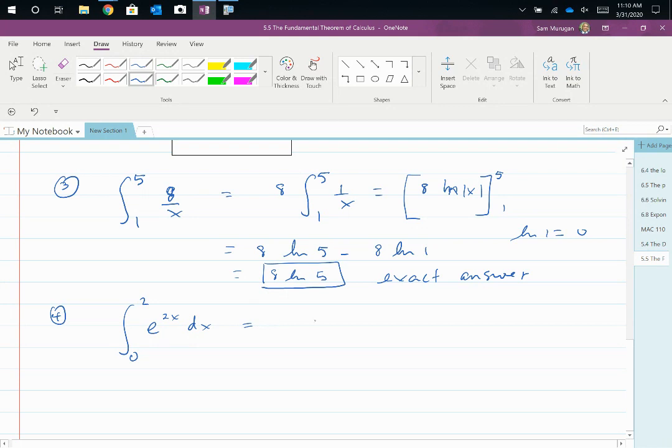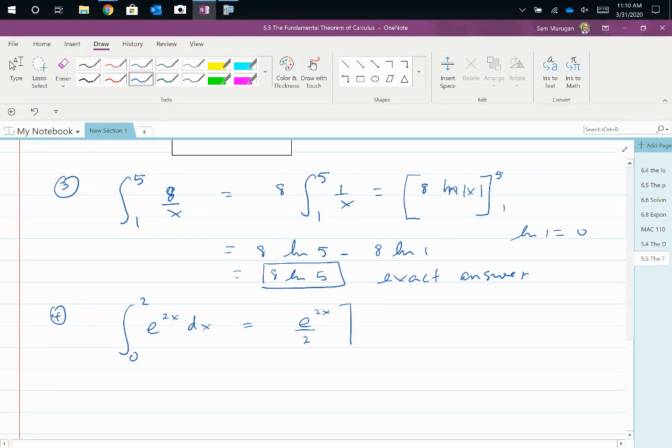So recall that this integral is e to the power 2x divided by the derivative of 2x, which is 2. So e to the power u divided by u prime.